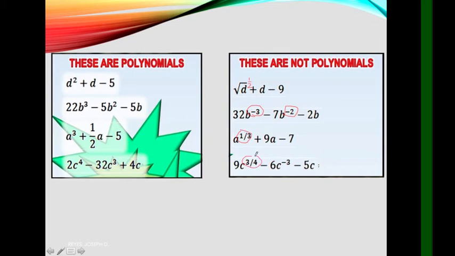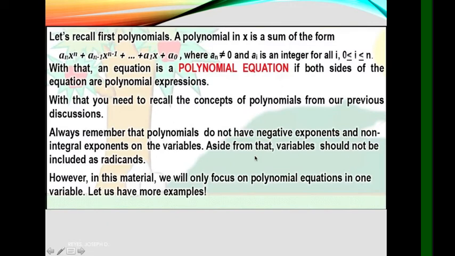To understand it better, let us first recall what a polynomial is all about. A polynomial in x is a sum of the form a sub n x raised to n plus a sub n minus 1 x raised to n minus 1 plus ellipsis plus a sub 1 x plus a sub 0, where a sub n is not equal to 0 and a sub i is an integer for all i, such that i is greater than or equal to 0, but less than or equal to n.